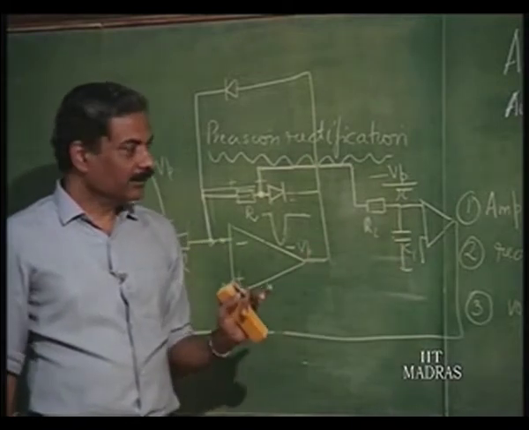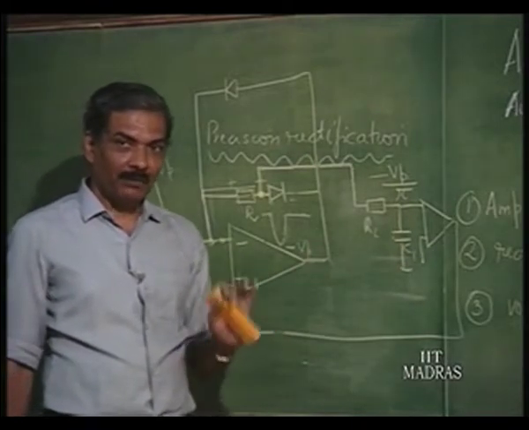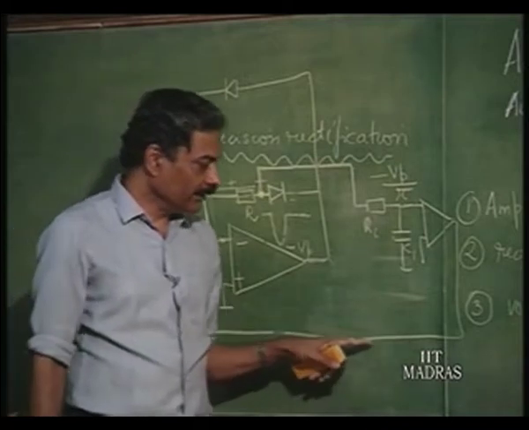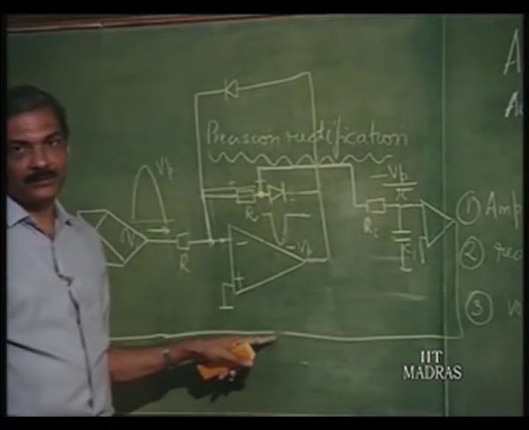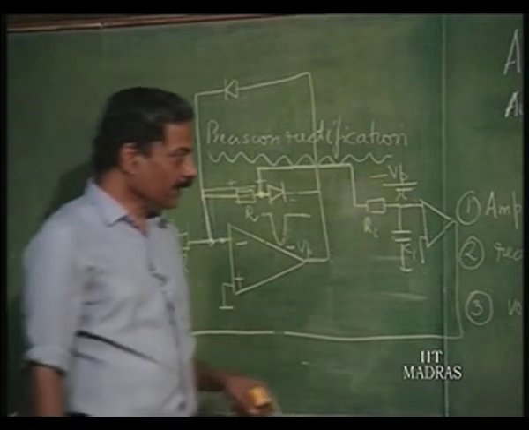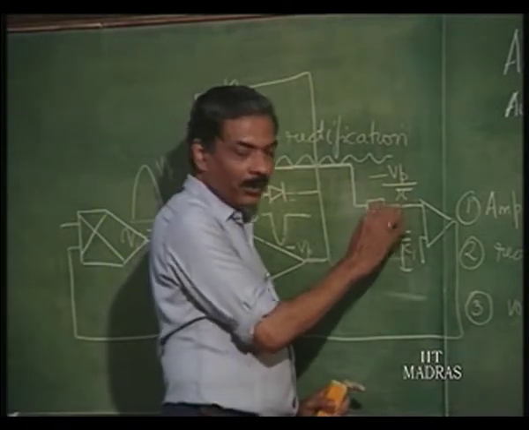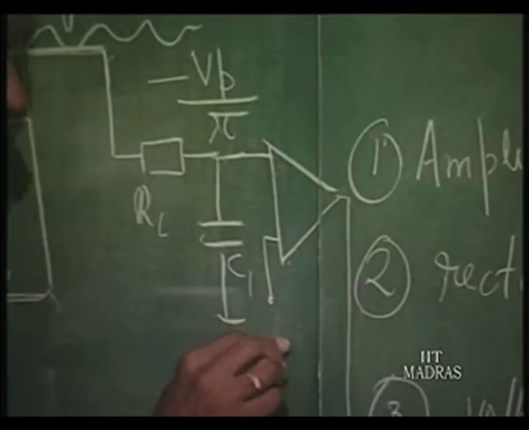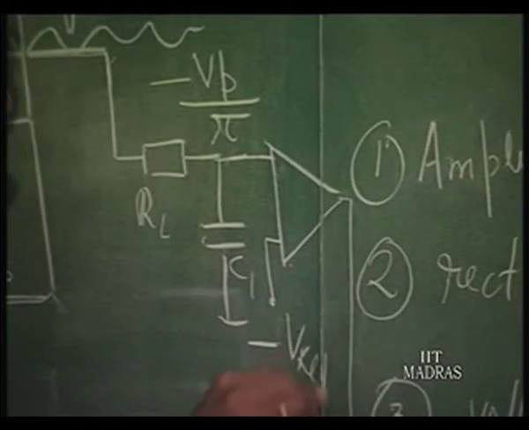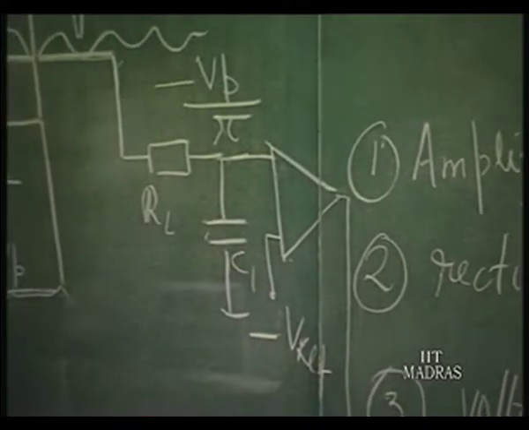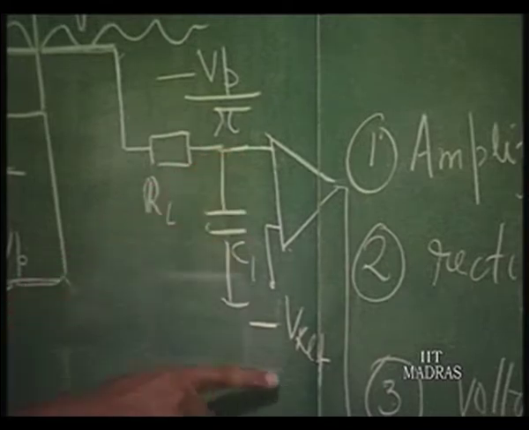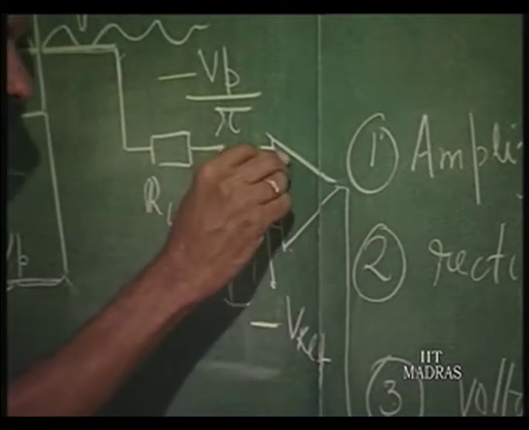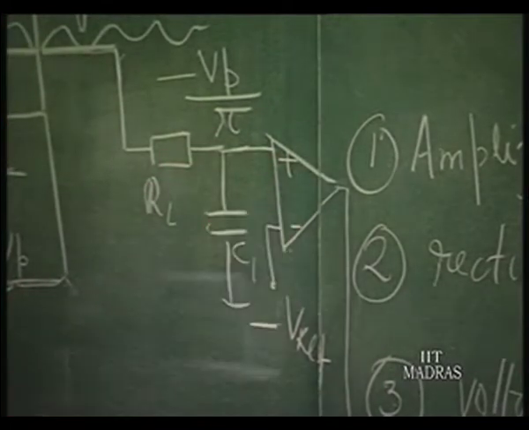Let me do it only for one polarity now. Let us assume that this is working only for positive, in which case this becomes more negative than this reference, this is this minus V reference. This is more negative than this, and I am putting it here positive, let us put.